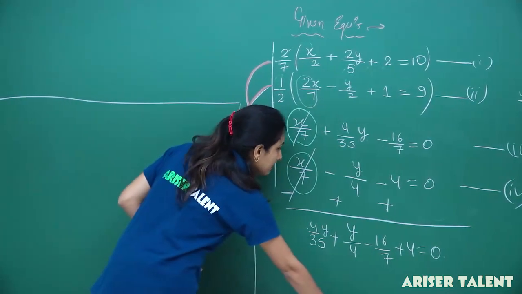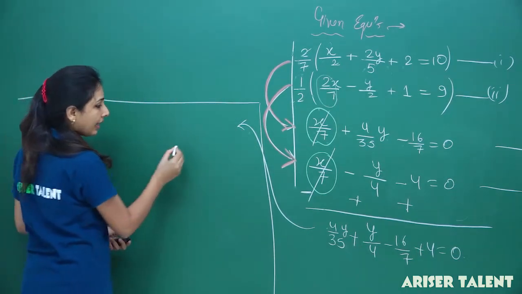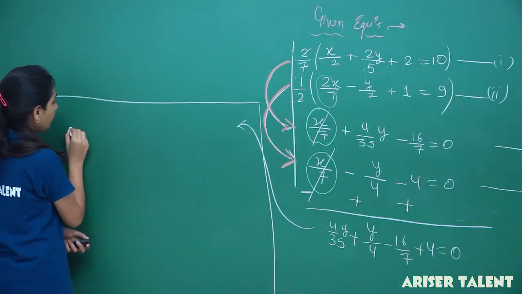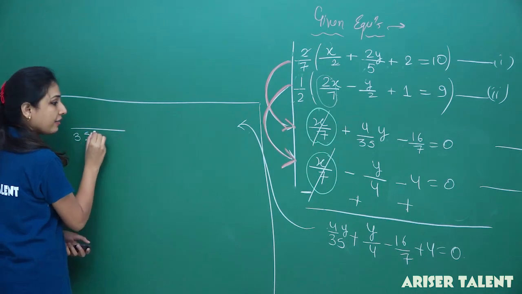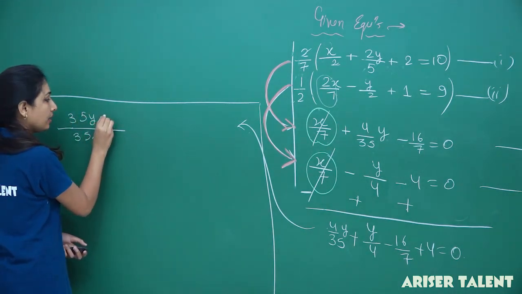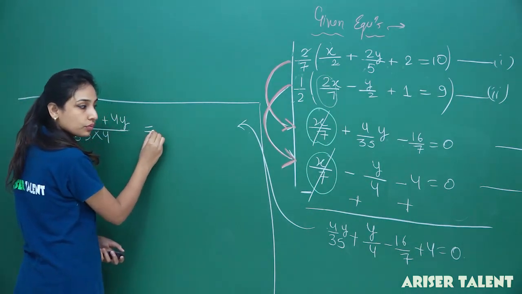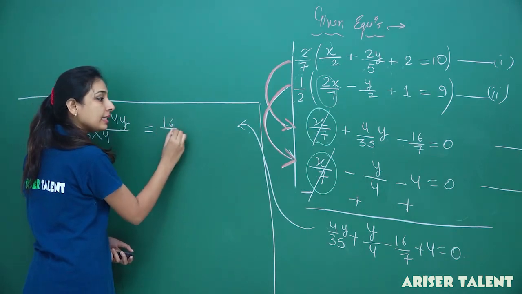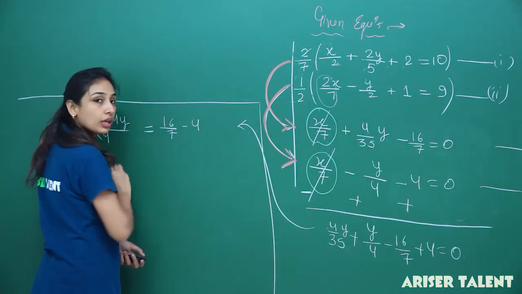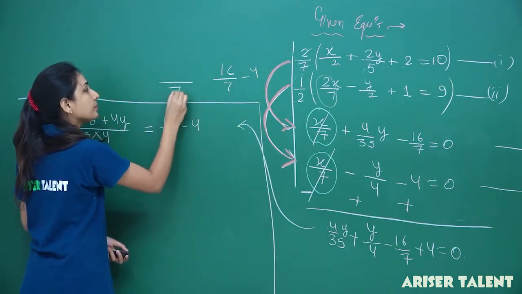So come this side. Now I can just write it like this, y obviously. So that is 35 multiplied by 4, that will give us 35y plus 4y equals to 16 by 7 minus 4. Now 16 by 7 minus 4 is what?